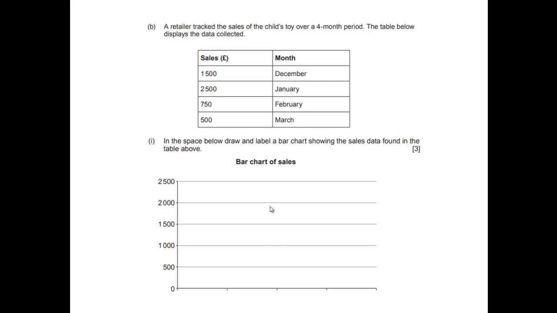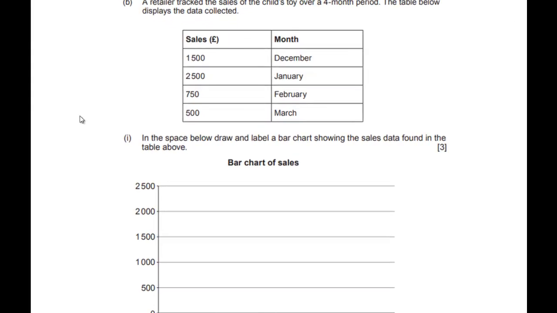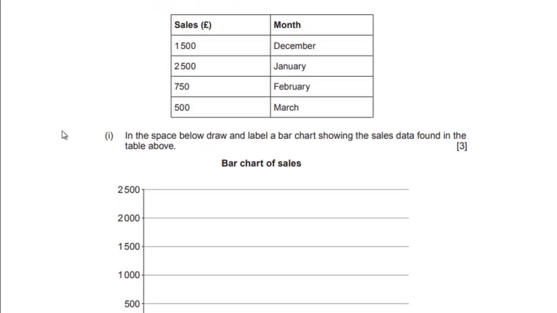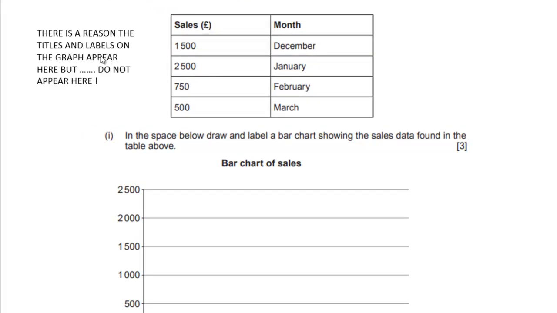Right, well, you can see on the graph below the data that's missing, to be honest. So you'll notice that there's an actual reason that we've got the things on here. There's a reason that the labels and the graph appear here but do not put here. And basically the first way we can get our marks is we need to put all the data that we can see as regarding to the labeling onto the graph below.